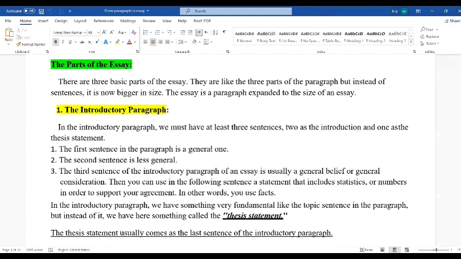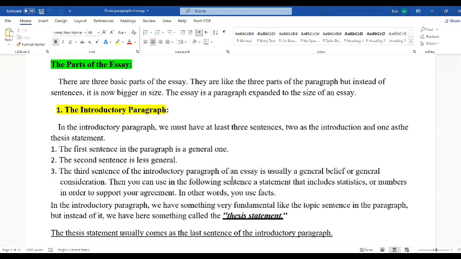Okay, so here we are talking about at least 3 sentences. Maybe you have 4, maybe you have 5 sentences. But if you have, for example, 5 sentences, you will have 4 sentences as introduction, talking in general.